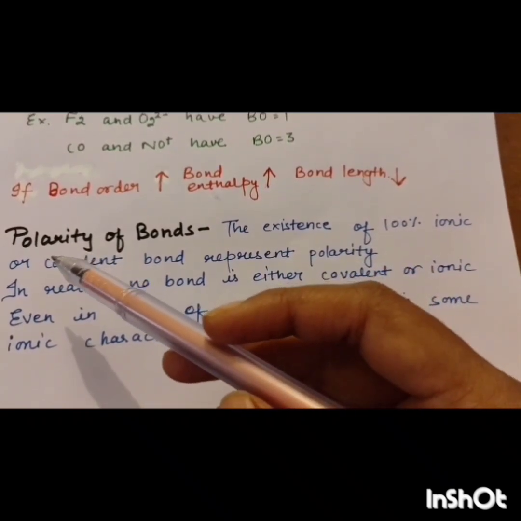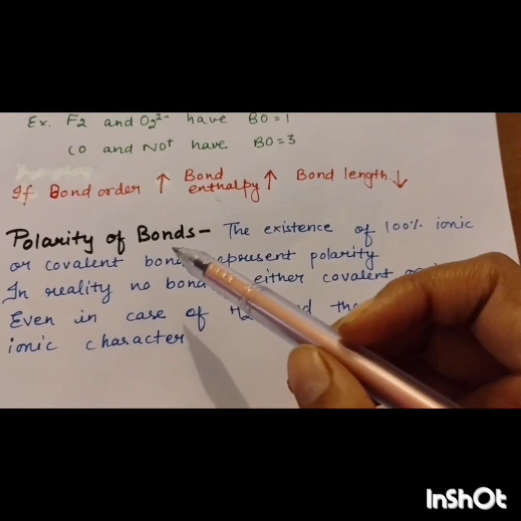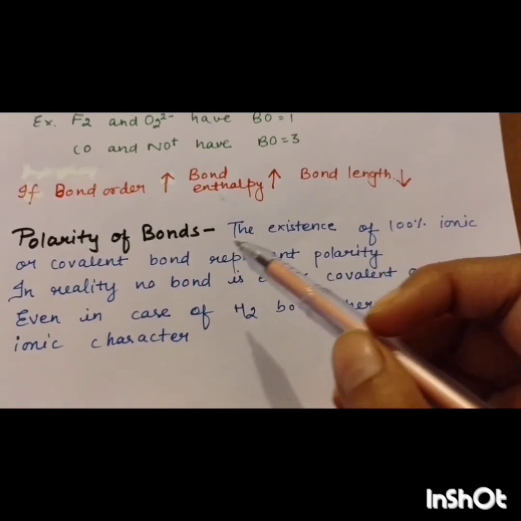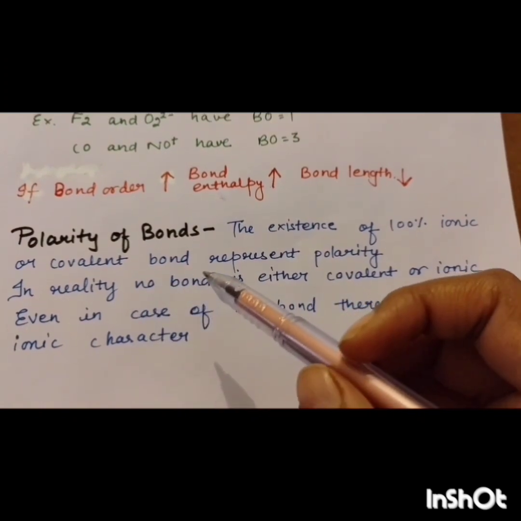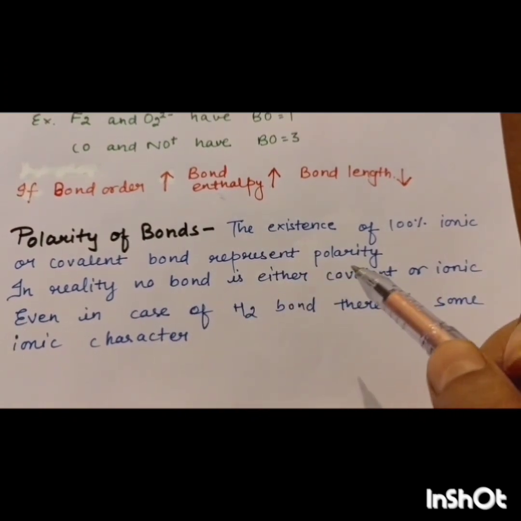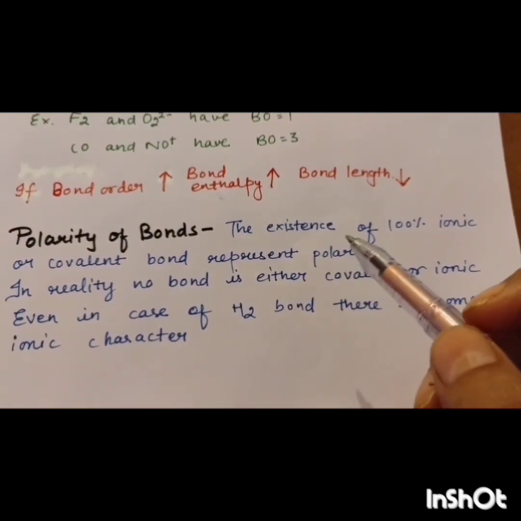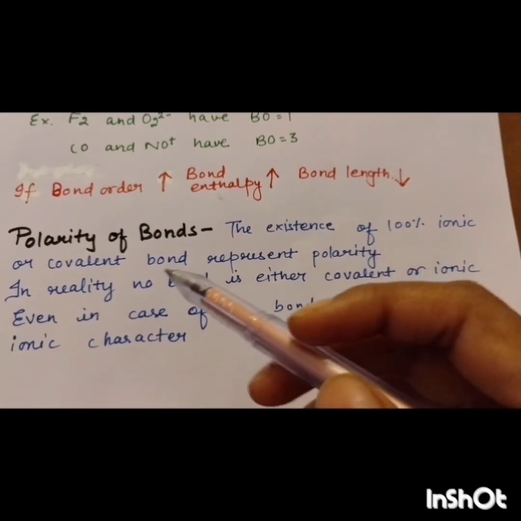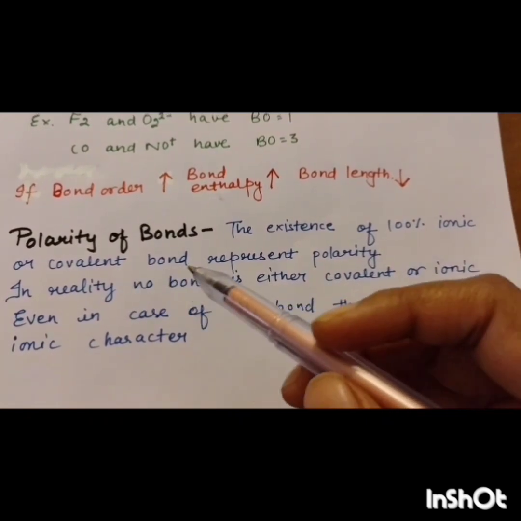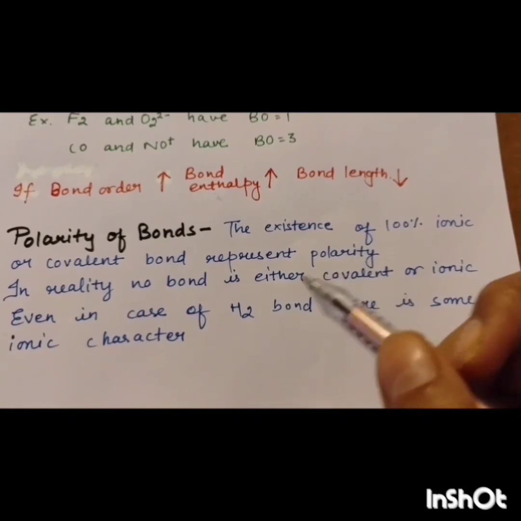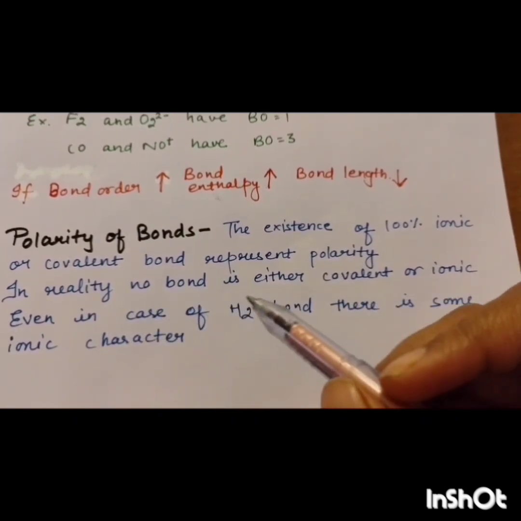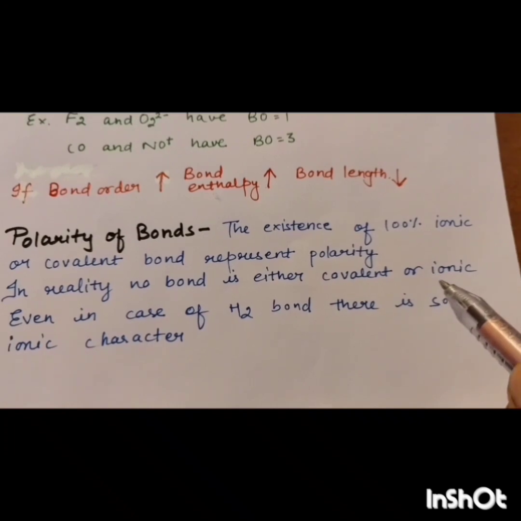Now our next topic is polarity of bond. So what is polarity? The existence of a 100% ionic or covalent bond represents polarity. In reality, no bond is purely covalent or purely ionic.